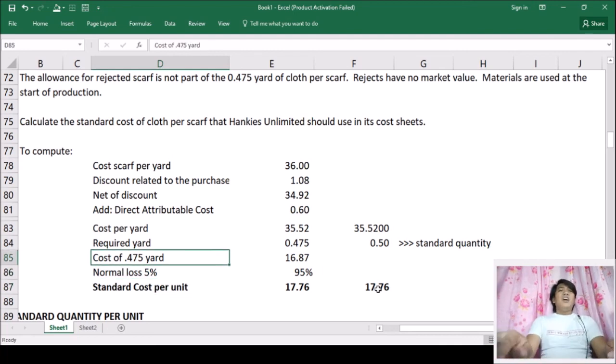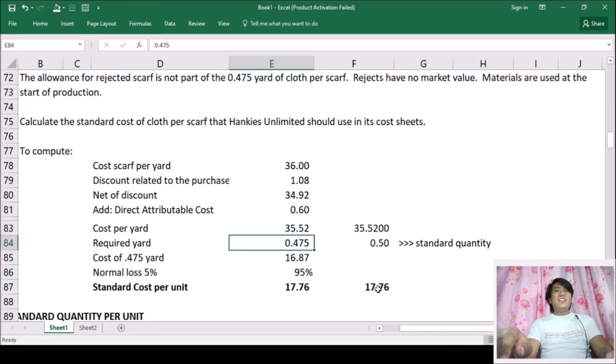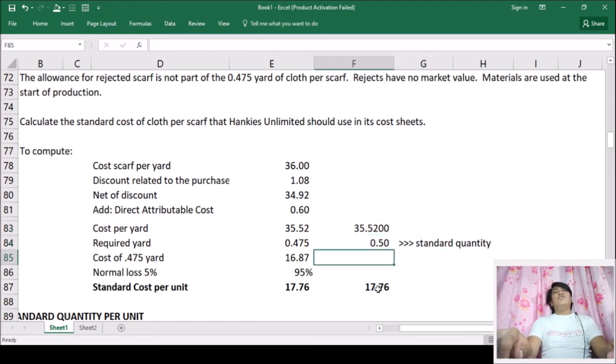The only problem with the first solution that I made is that you cannot easily identify the standard quantity. Unlike the second one, where you first determined the standard quantity for each scarf so that you can identify the standard cost per unit. That's the only difference there.